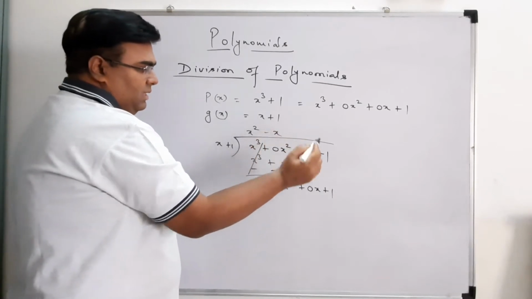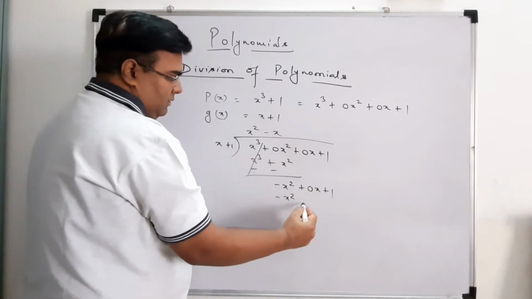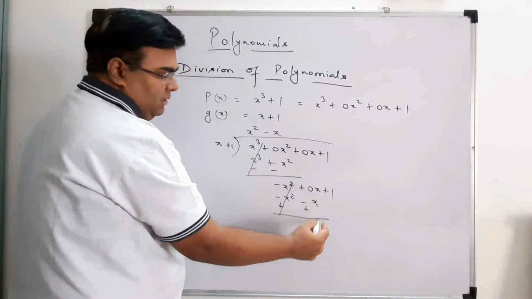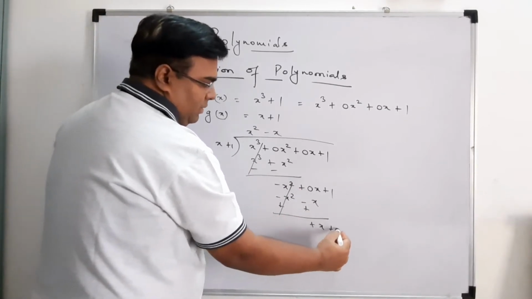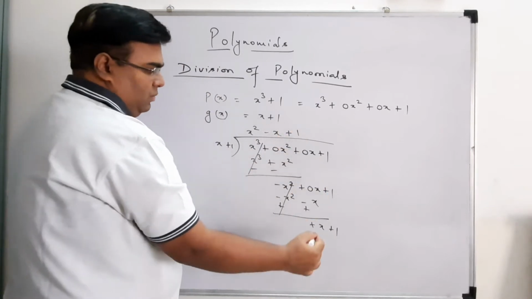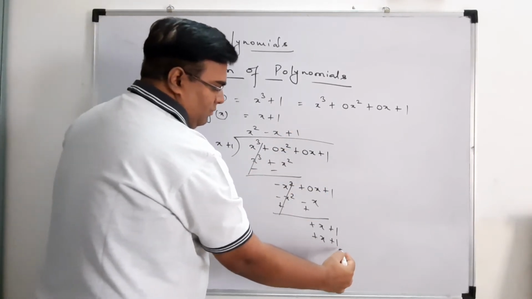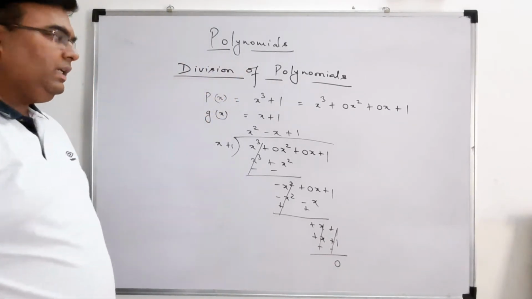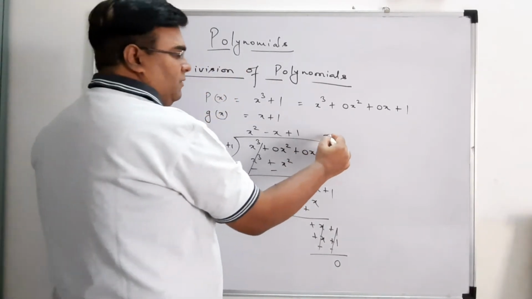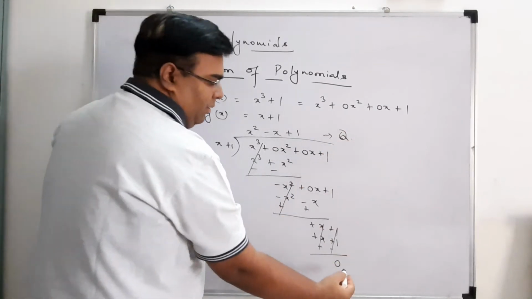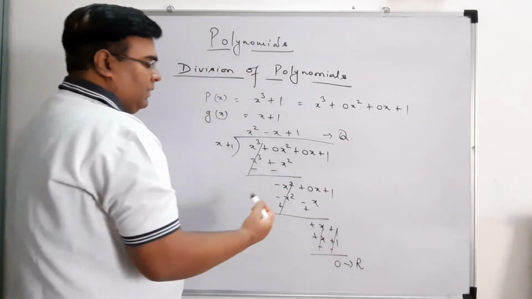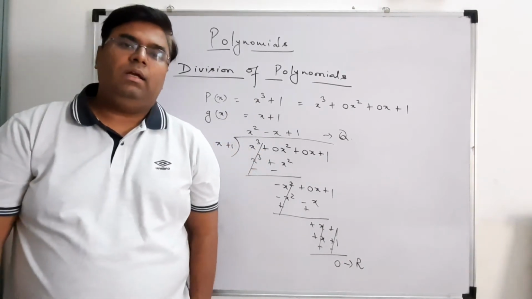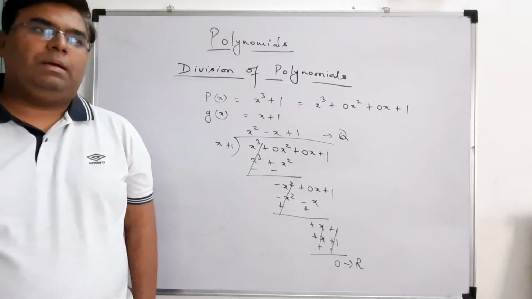Then it will be minus x, then minus x, opposite signs cancel, plus x plus 1, plus 1, right? So this is my quotient, this is my remainder, divisor and dividend. Clear? So this was my long term division method.